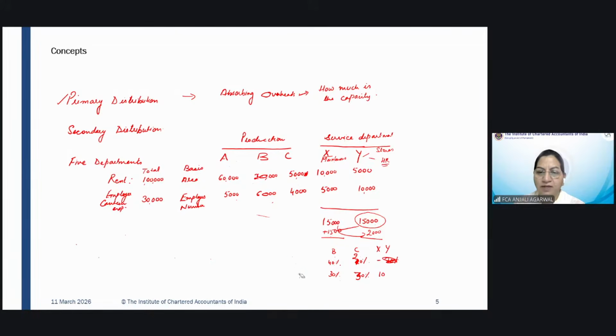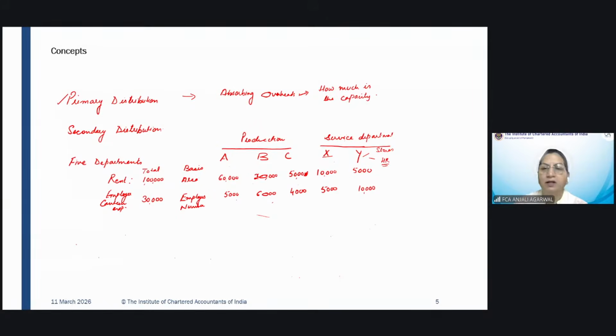And third, there can be reciprocal methods also, like the benefit of X is going to Y and the benefit of Y is going to X. So if X is, let's say, not maintenance department, but X is canteen. So what happens is Y is HR, X is canteen. So what will happen?